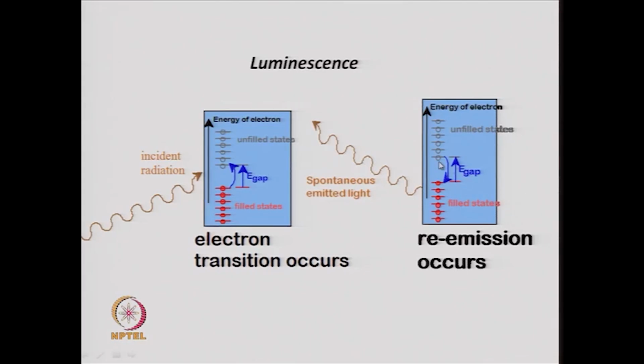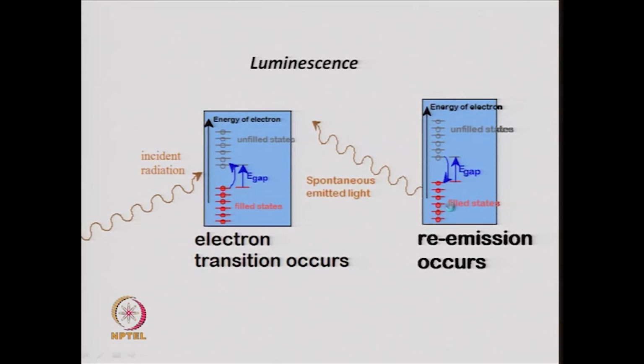After some time, that electron which was in the higher energy level can relax back to the empty sites which were created when the electrons went up, and then it gives out radiation, and that is the spontaneous emission. So, you can have absorption and you can have emission when the electron comes back to the filled state.